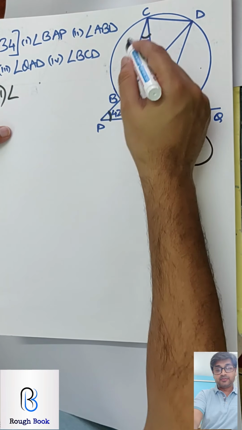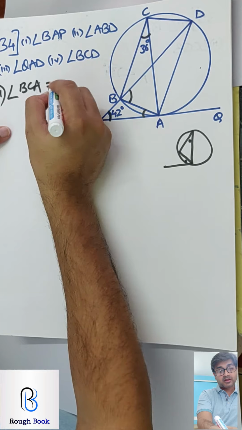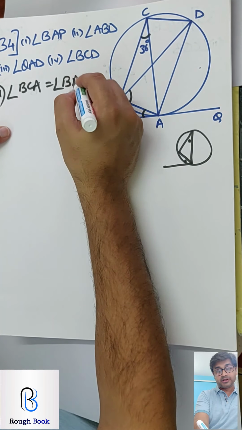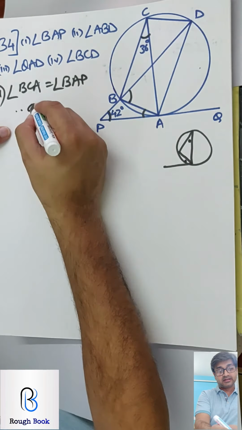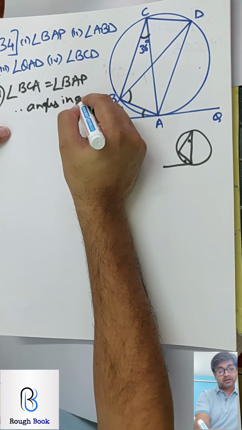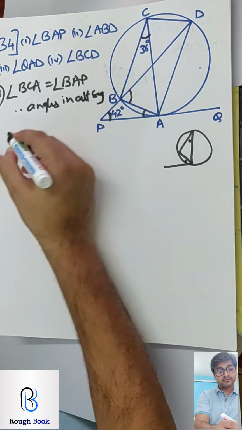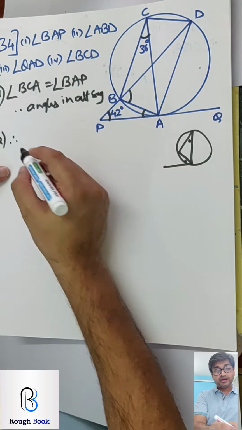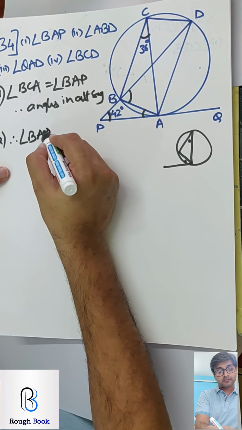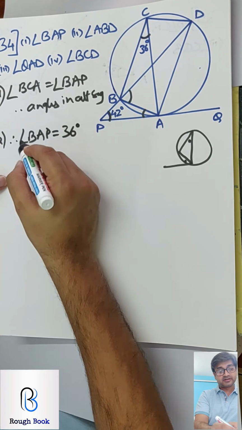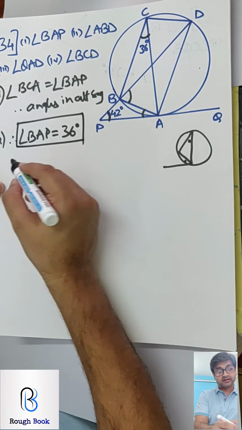So first one, angle BCA is equal to angle BAP. The reason will be angles in alternate segments, and therefore BAP is equal to 36. So we got our first angle.